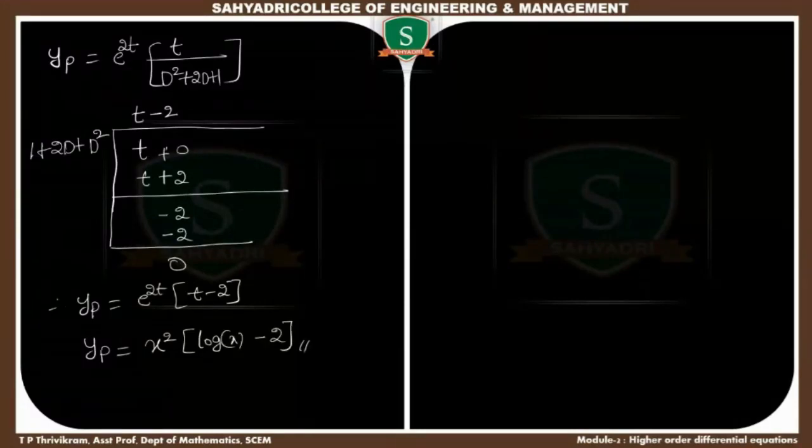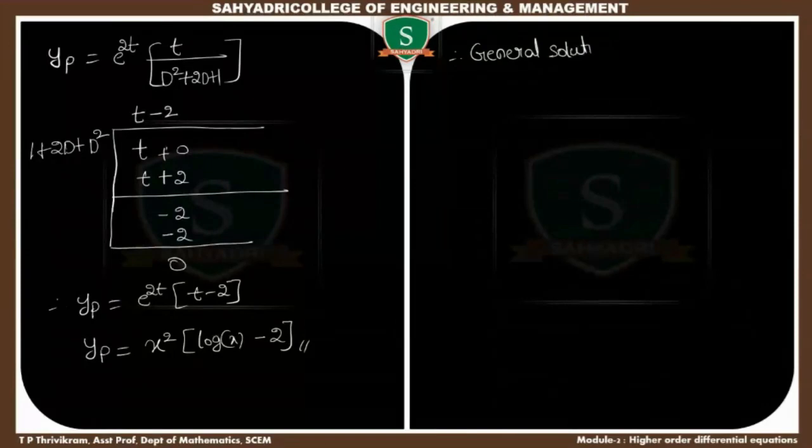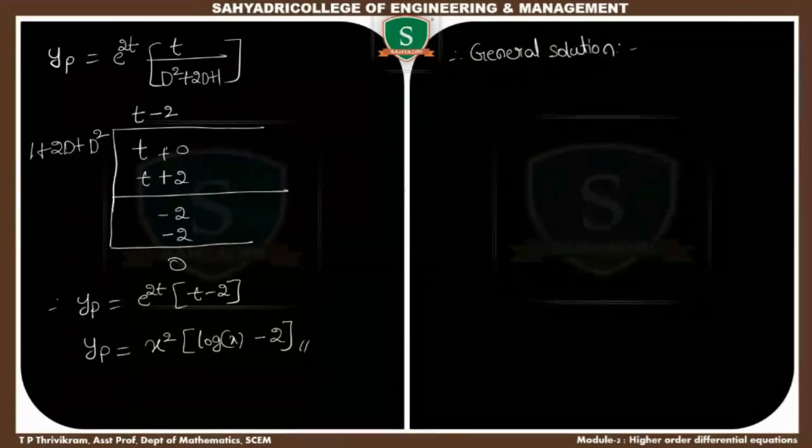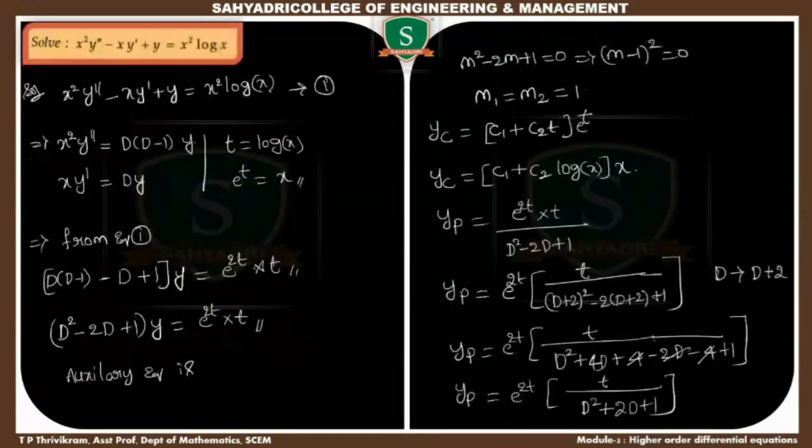So therefore, general solution: y is equal to c1 cos log x plus c2 sin log x. Sorry, is it yc?